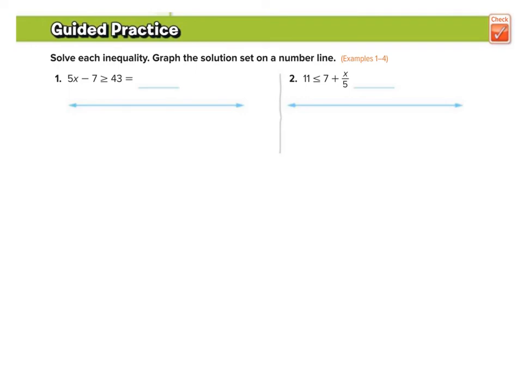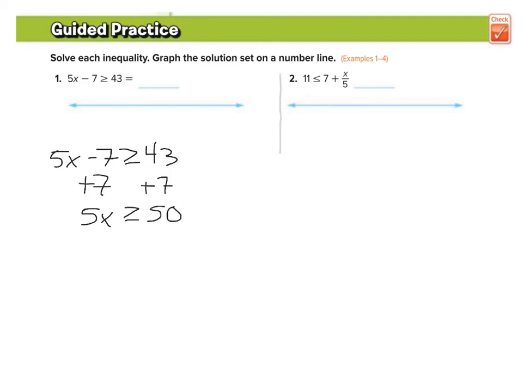Number 1, I've got 5x minus 7 is greater than or equal to 43. Add 7 to both sides. Get 5x by itself is greater than or equal to 43 plus 7, which is 50.